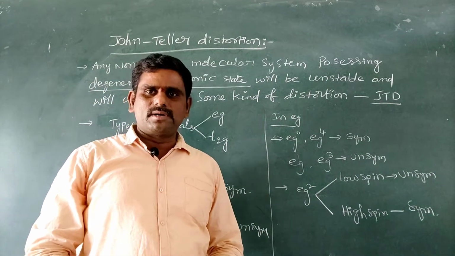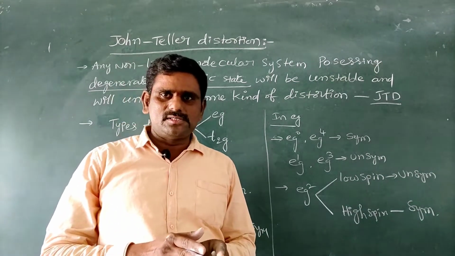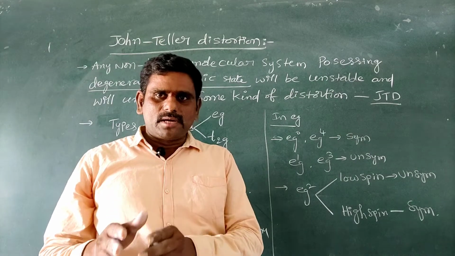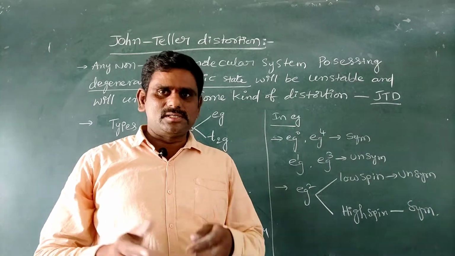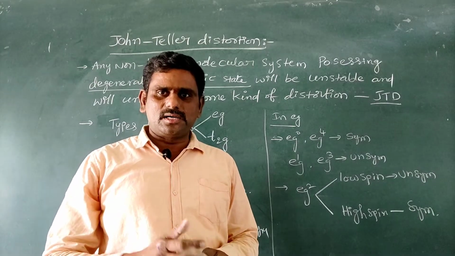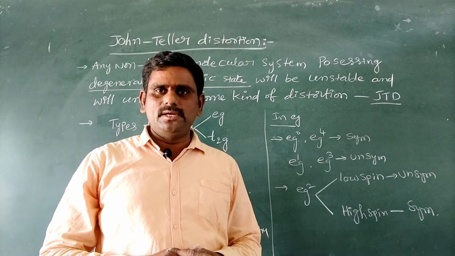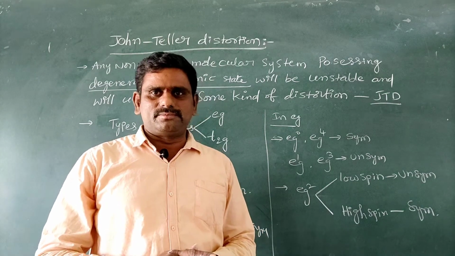It may undergo some kind of distortion that is not there in the original form, and it is converted into a distorted form. That kind of distortion is said to be Jahn-Teller distortion.